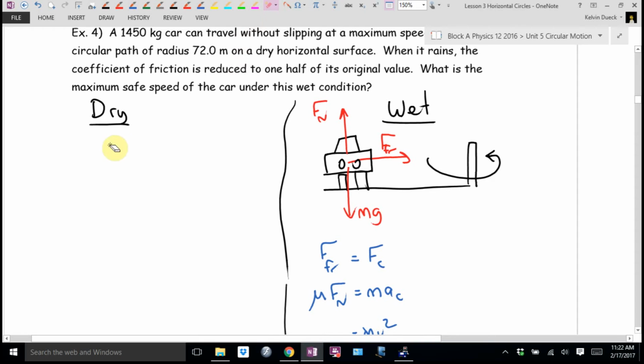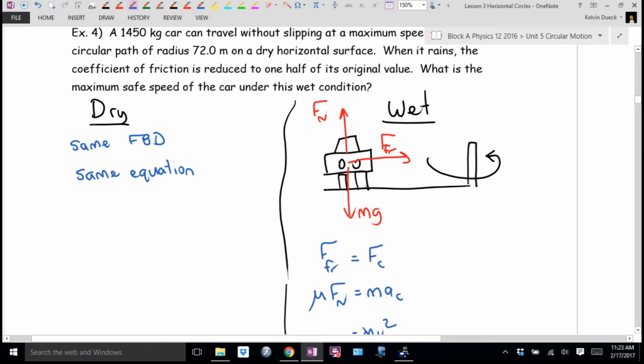I think the dry side is going to have the same FBD. In fact, it's going to have the same equation.